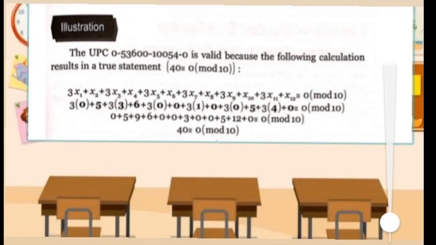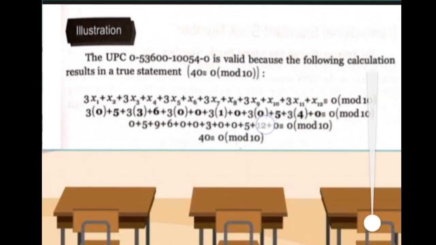Then after substituting, you multiply, then add. So, bring it down: 0, bring down 5, bring down 3 times 4 is 12, and bring down 0, which is congruent to 0 modulo 10.